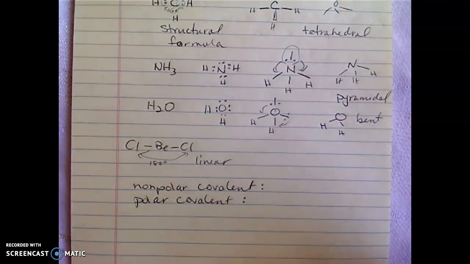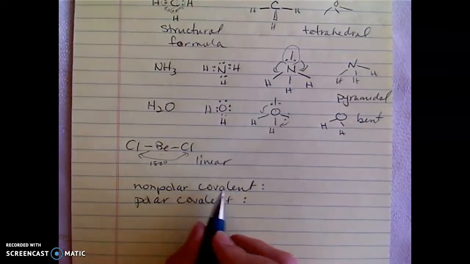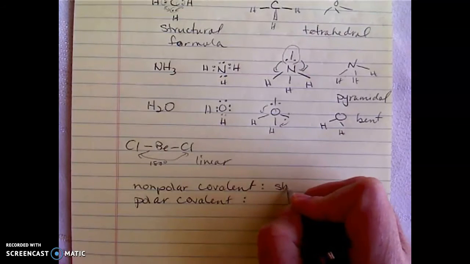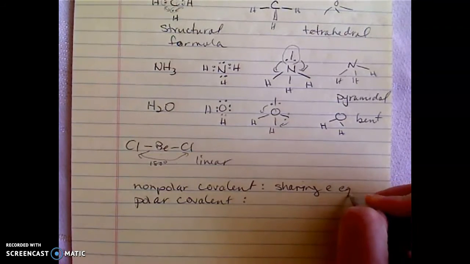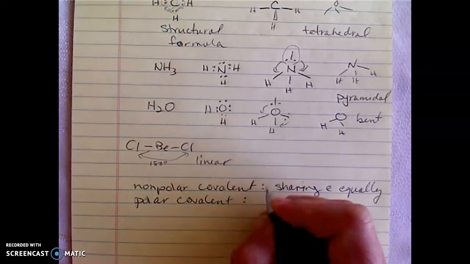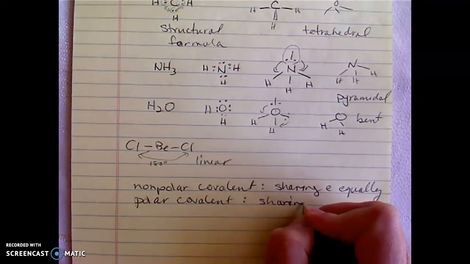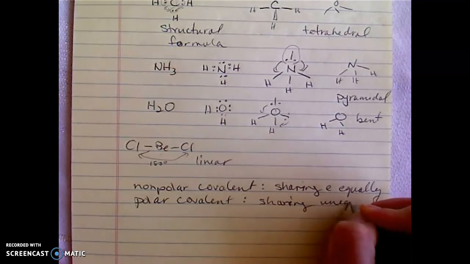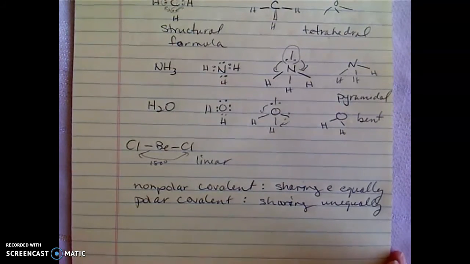Beryllium, it will depend on what atom it bonds with, whether it will be ionic or covalent. So when you have a nonpolar covalent bond, that means you are sharing the electrons equally between the 2 atoms. Here on polar, you are sharing unequally, which means one atom will have the electrons more than the other.